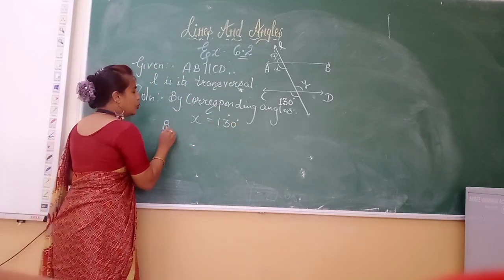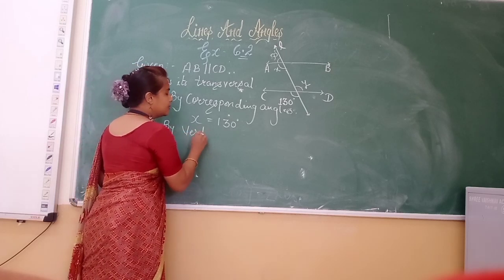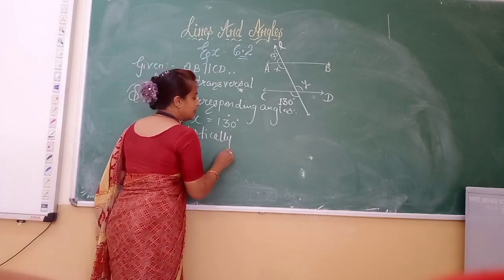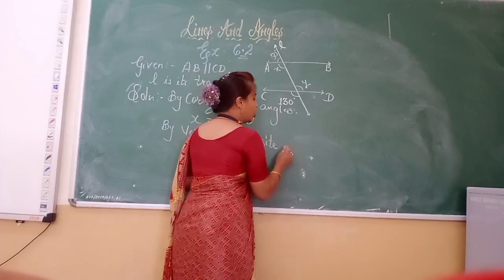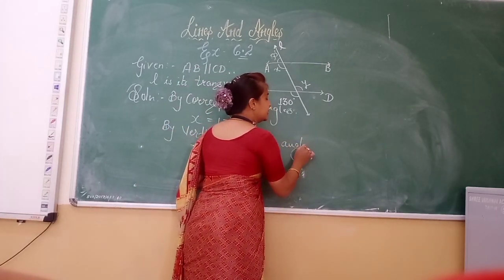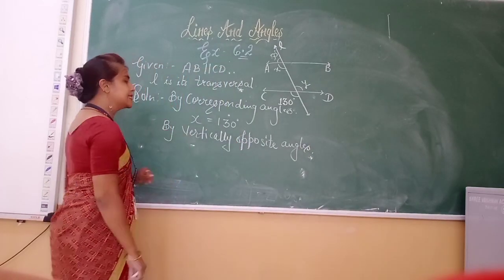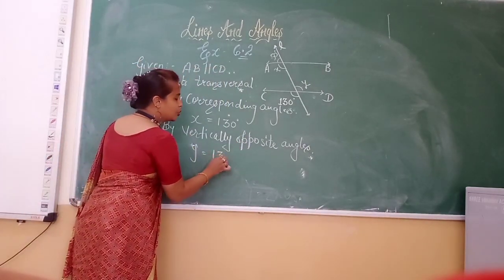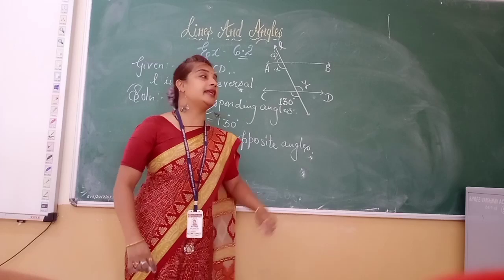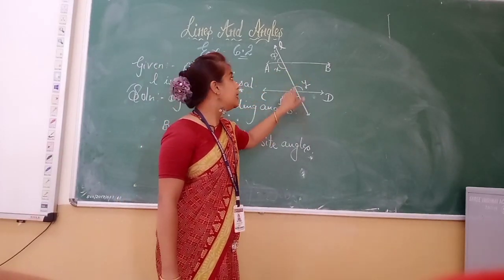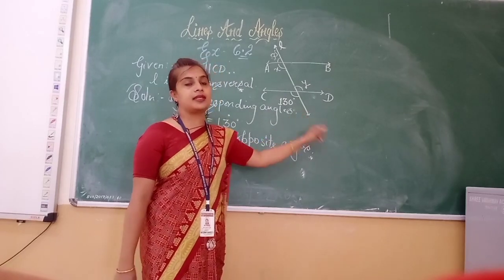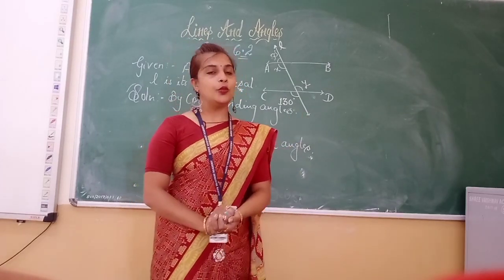Also by vertically opposite angles, y will be equal to 130 degrees. These two are vertically opposite angles. So y will be 130 and these two are corresponding angles. So the value of x will also be 130 degrees.